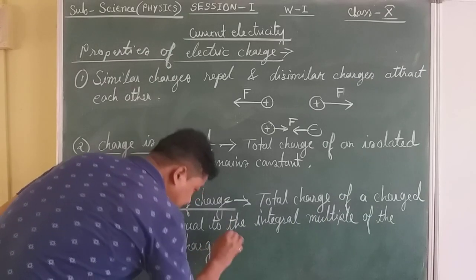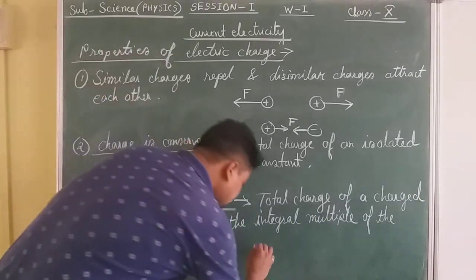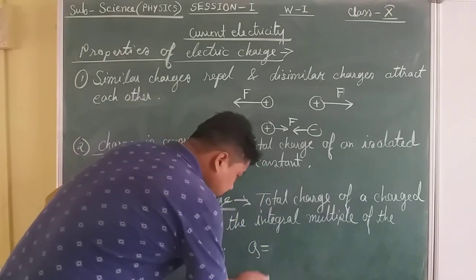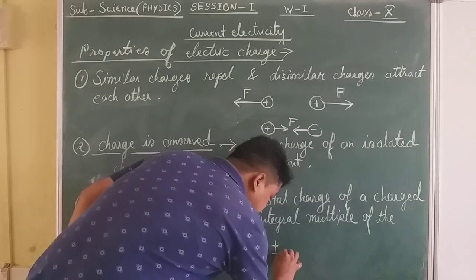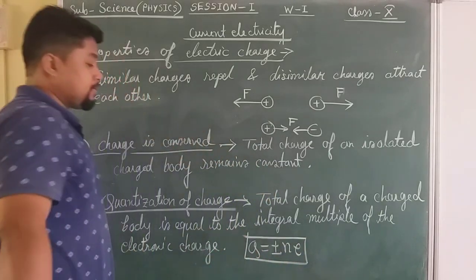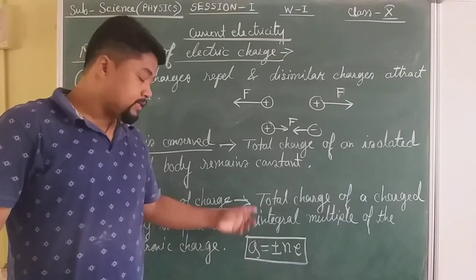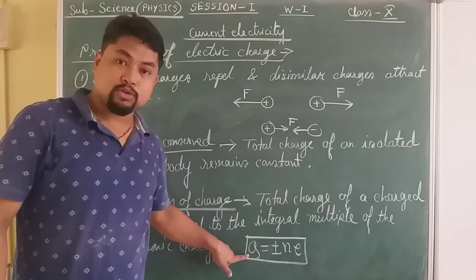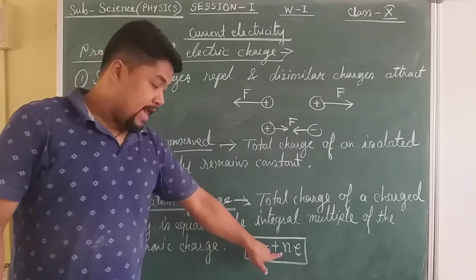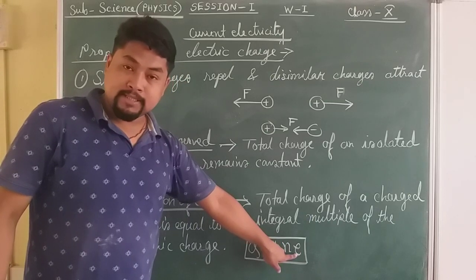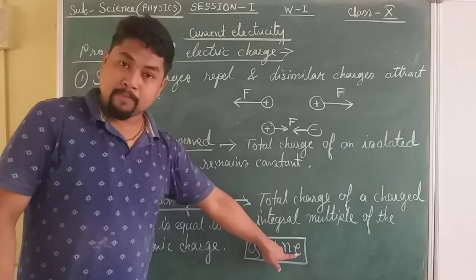That is the charge of an electron. And mathematically, Q is equal to plus or minus n into e. The mathematical form of this statement is Q equals plus or minus n e, where Q is the total charge of the charged body, n is the number of charges, and e is the electronic charge, that is the charge of an electron.